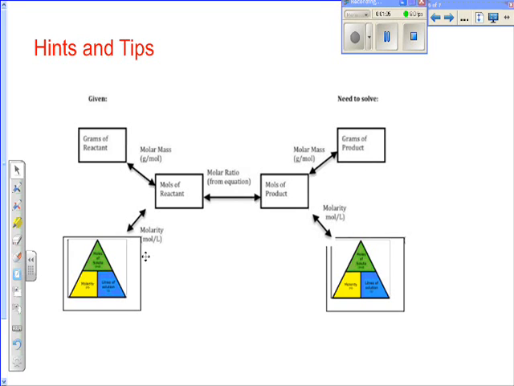If you're given molarity first, you're going to use the molarity as the converting factor to moles and then continue through. If it's asking for your product in liters, you're going to then do that molarity problem at the end of the equation. So following this chart really helps understand the order of your stoichiometry before you begin your practice problems.